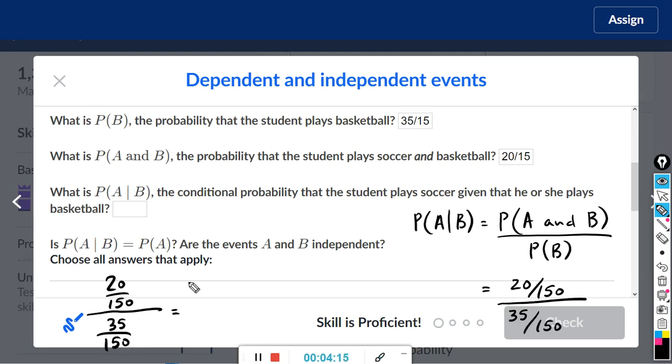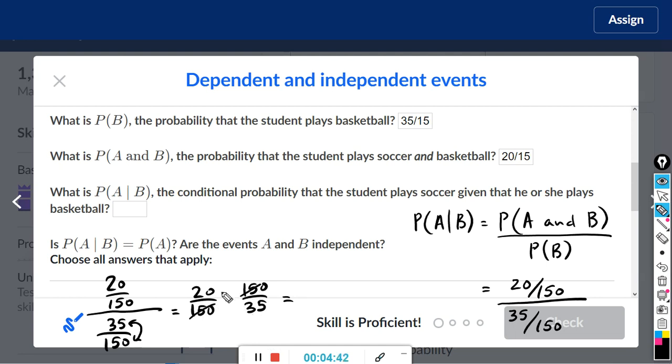You keep the numerator, so that's 20 over 150. You change division to multiplication, and you flip the denominator. So 35 over 150, you take the reciprocal. It's going to be 150 over 35. Multiplying these fractions, 150 over 150 cancels.